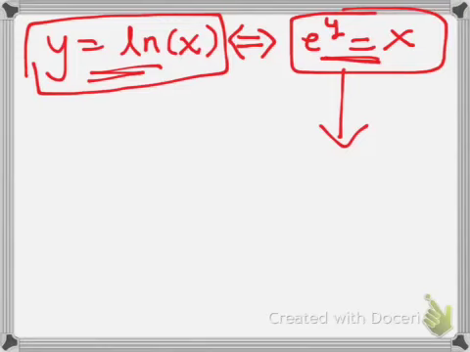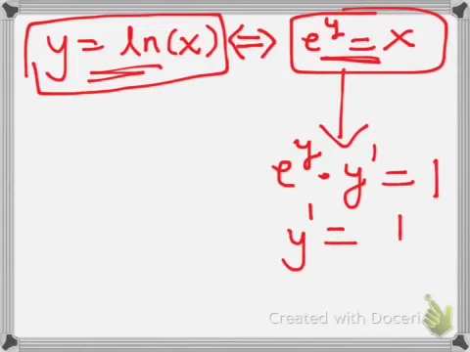What's the derivative of the exponential? It's the exponential, right? But since I'm dealing with y and not x, I have to use the chain rule and multiply by y prime. I'm using implicit differentiation here. So e to the y times y prime equals, on the right side, the derivative of x, which is 1. Isolate y prime and I get 1 over e to the y. Go back to x.